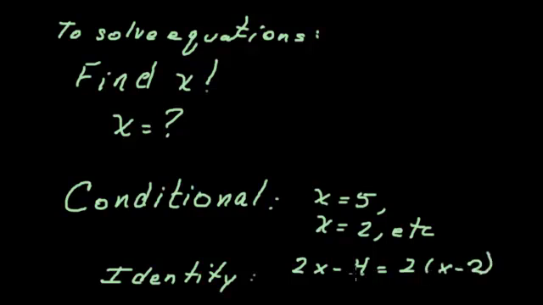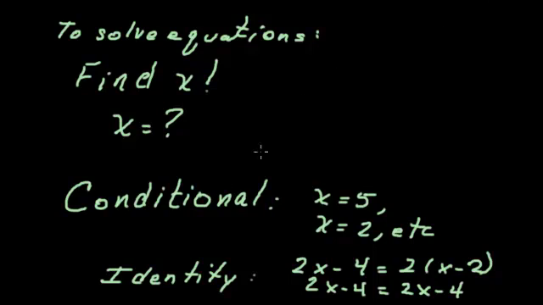You would try to solve this and when you distribute to get rid of your parentheses, you would get 2x minus 4. Now if you look at this carefully, you'll see that it just says the same thing equals the same thing. So no matter what value you put in for x, you will get an equivalency. So in this particular equation, everything works.